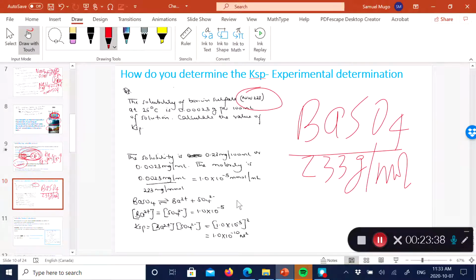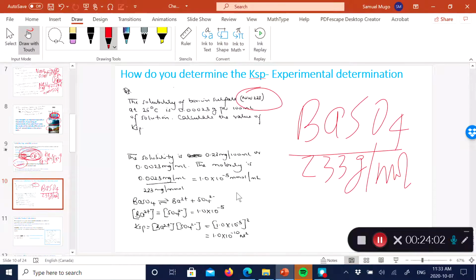We already know that the KSP is equal to the constituent ion products, barium 2 plus and sulfate, raised to their stoichiometry, which in this case is 1 and 1. For 1 mole you get 1 mole of barium and 1 mole of sulfate.